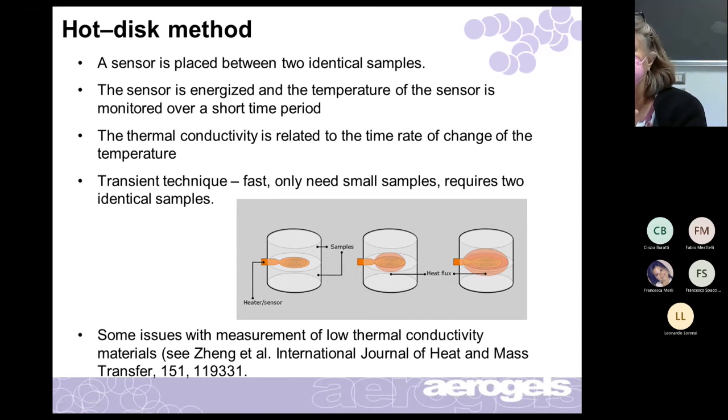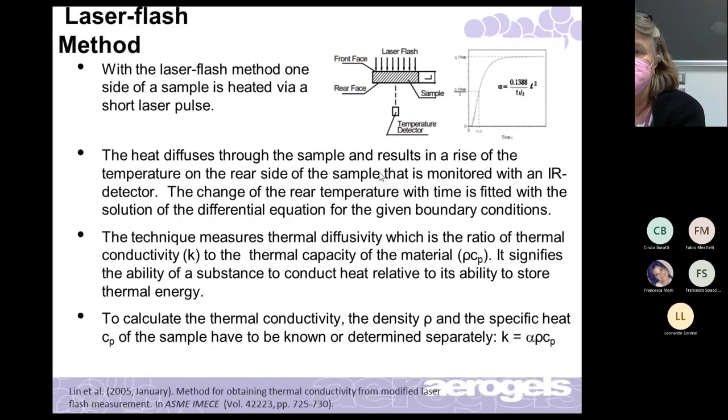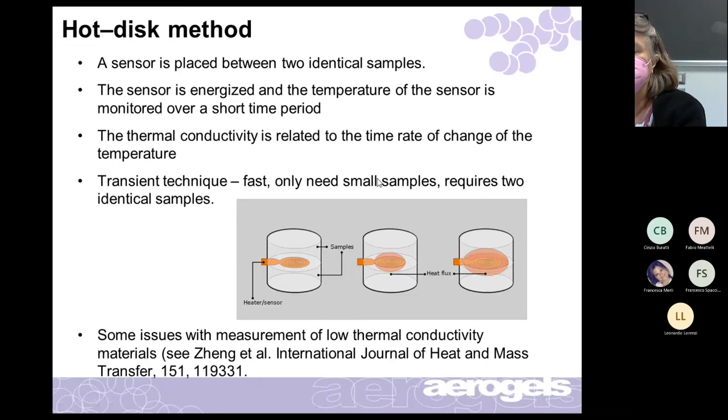The hot disk method is not inexpensive, nor is this one, though I think this one you can probably build your own. But the big thing is that it's hard to measure thermal conductivity of such low thermal conductivity materials. And there's some very specialized equipment at some of the national labs for doing that.